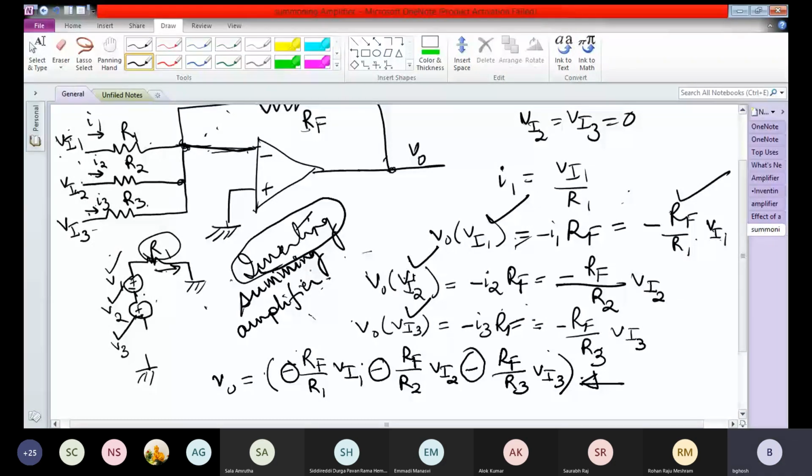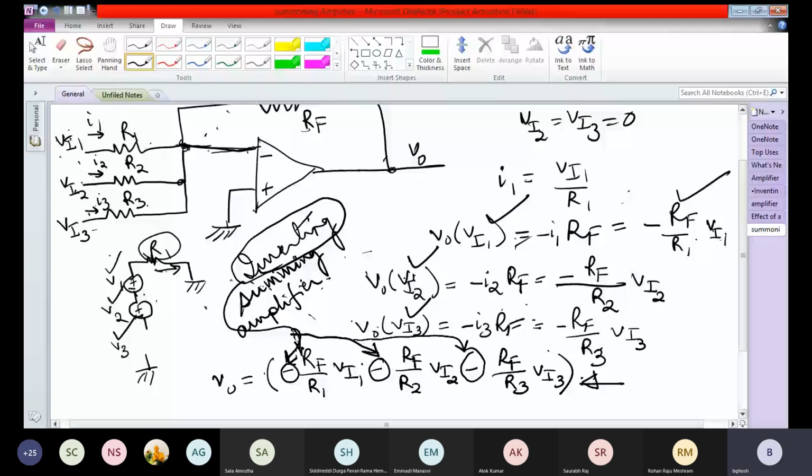Note this minus sign. And we can increase the number of input voltage terminals: Vi4, Vi5, Vi6, Vi7, as many voltages as we like, and they will be added with their corresponding weights.